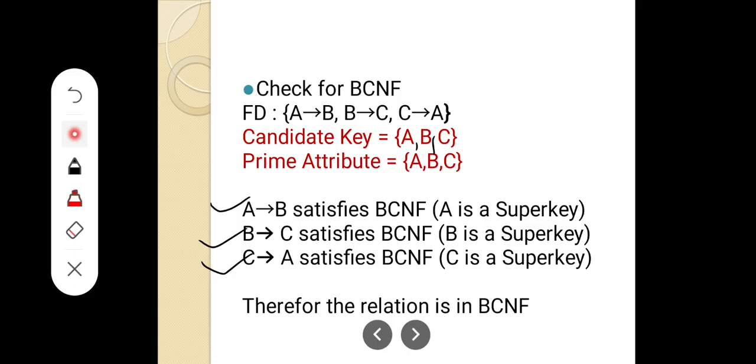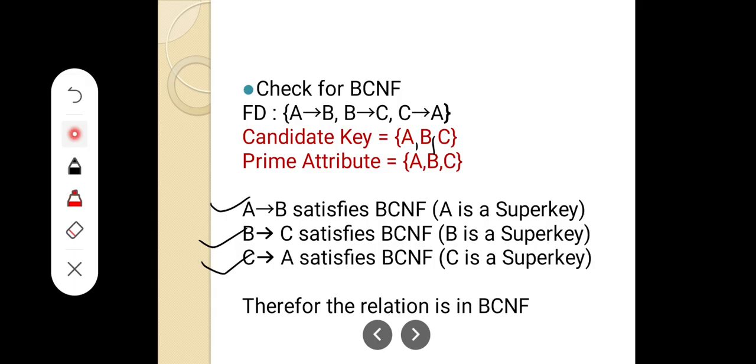But BCNF is not like that. BCNF says that the LHS must be a super key. They are not looking at the RHS, only the LHS. LHS must strictly be a super key or a candidate key. They don't have any OR condition.